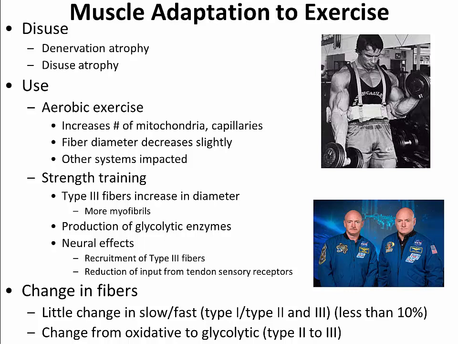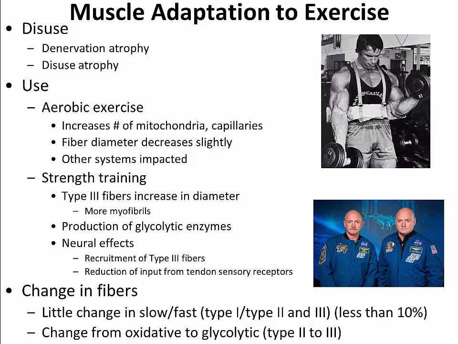In other words, the fast oxidative fibers to the fast glycolytic fibers. So you can improve your endurance ability to some degree, but it's going to be harder to make yourself a great deal faster as a result of training, exercise of any sort.